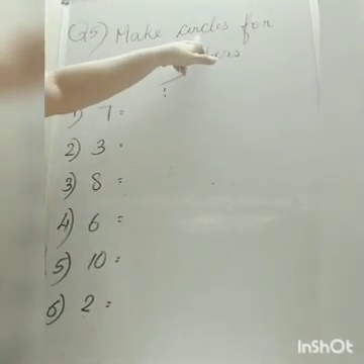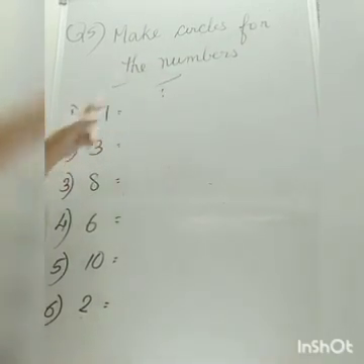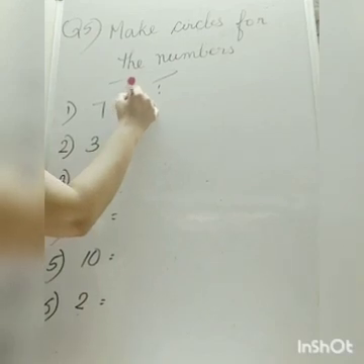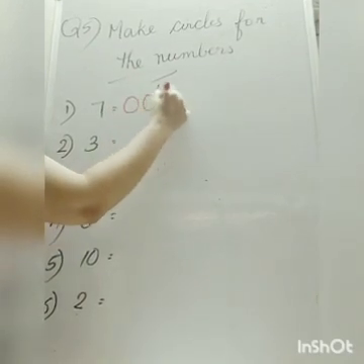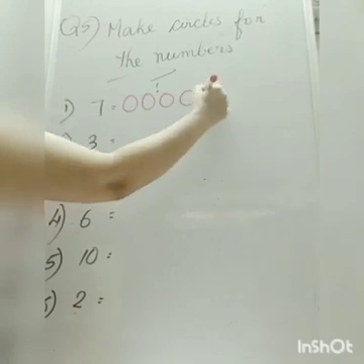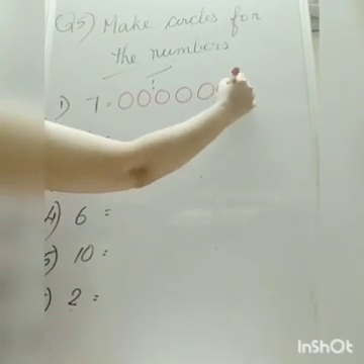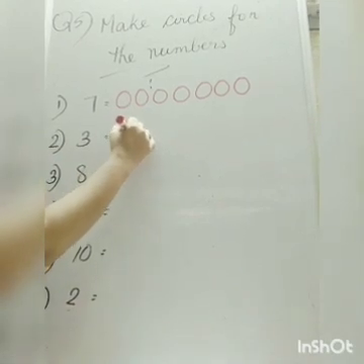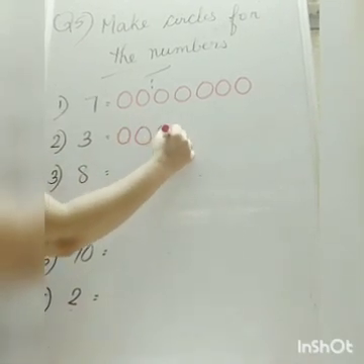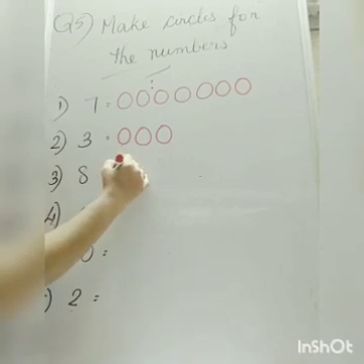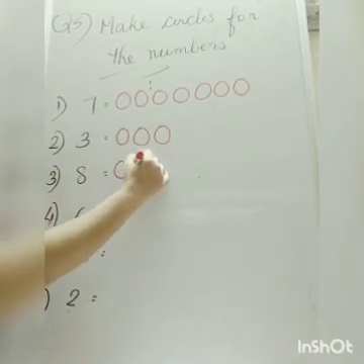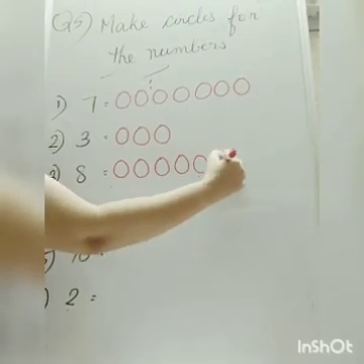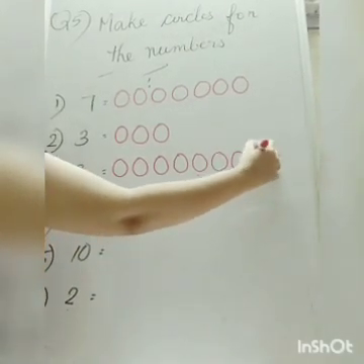Question number 5. Make the circles for the numbers. Here the first question is 7. You have to draw circles: 1, 2, 3, 4, 5, 6, 7. Second question, 3. 3 circles: 1, 2, 3. Next 8: 1, 2, 3, 4, 5, 6, 7, 8.